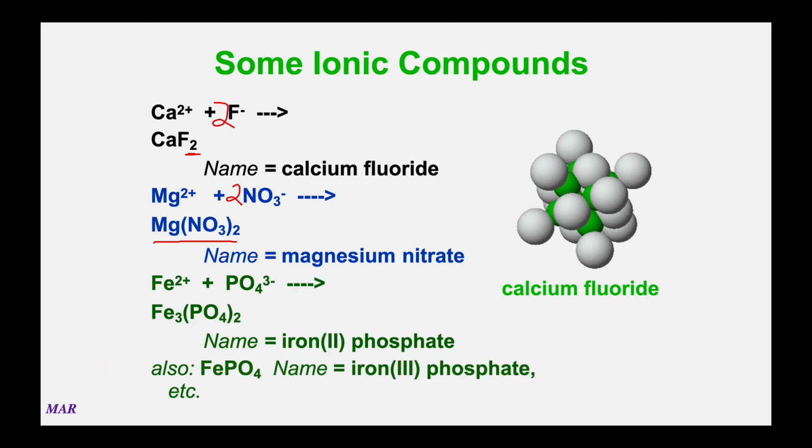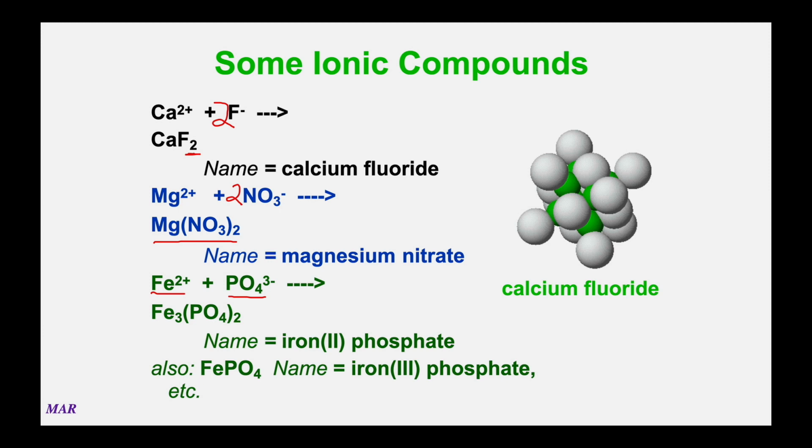Iron is a variable charge metal. All right, earlier we talked about iron +2 as iron Roman numeral 2, and we also talked about how iron can be +3. So when iron is +2 and it reacts with phosphate, which is -3, notice this combination. Again, neutrality is the name of the game.